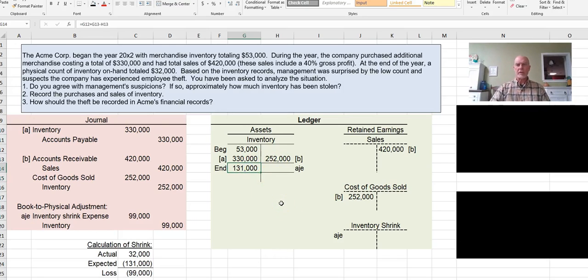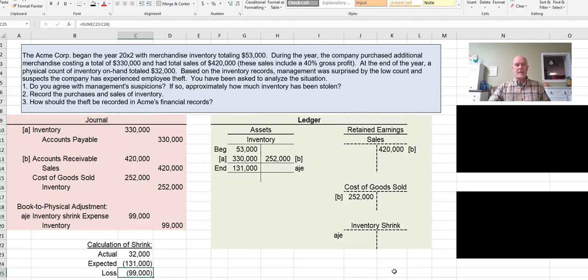Well, if we go out there and count it, and some of you may have been involved in taking a physical count of inventory at a company, that's what you're doing. You're just double checking the records. And so if we count $32,000, that means that you compare the actual count to what should have been in there, or what's expected, and we've had a loss of $99,000.